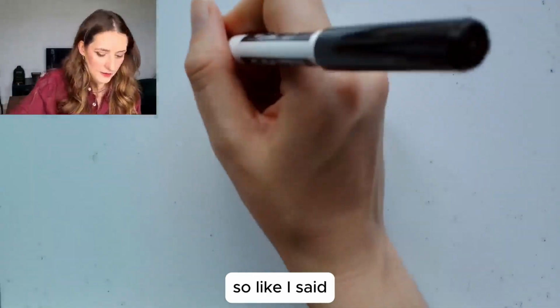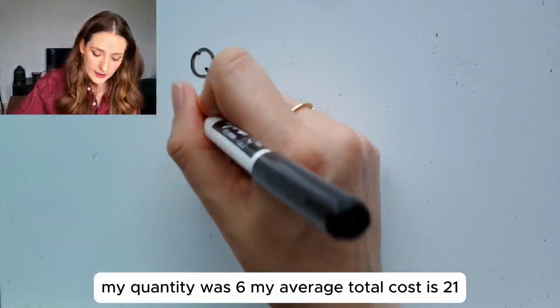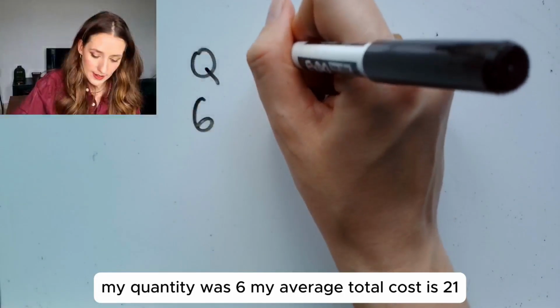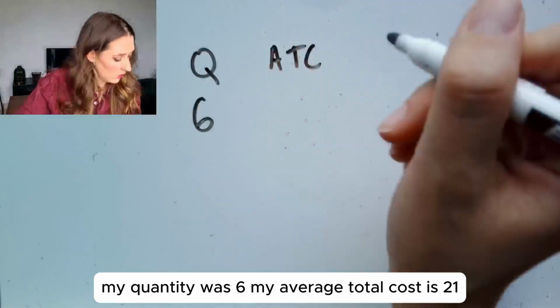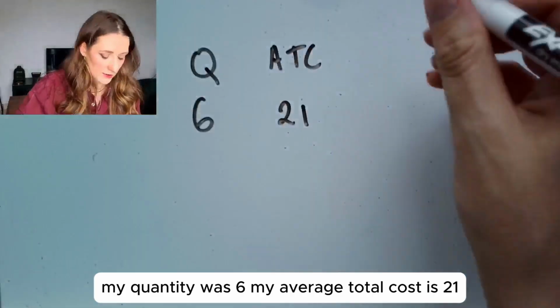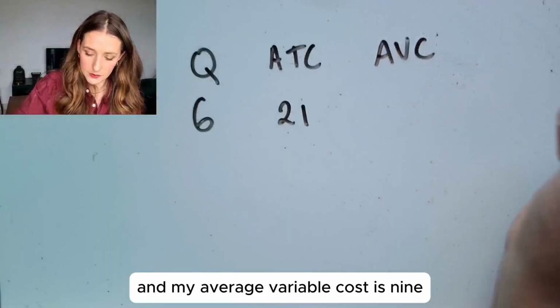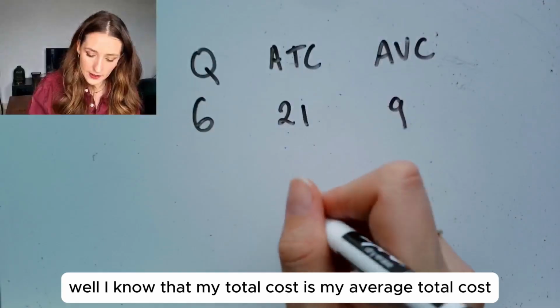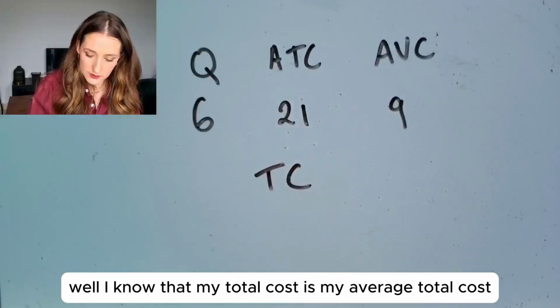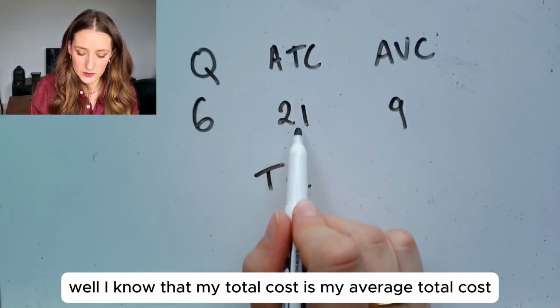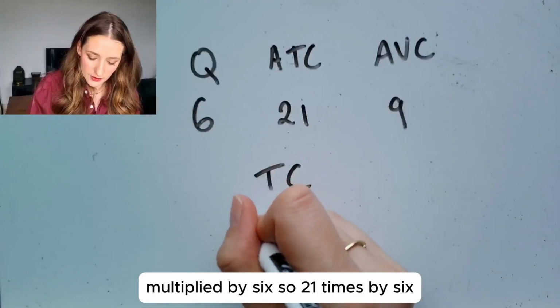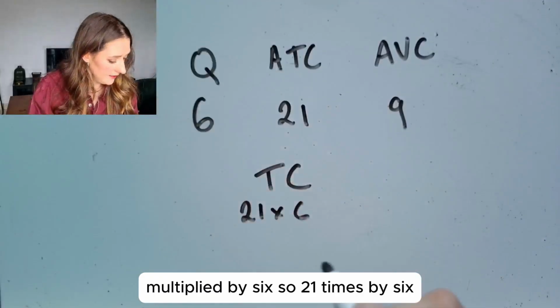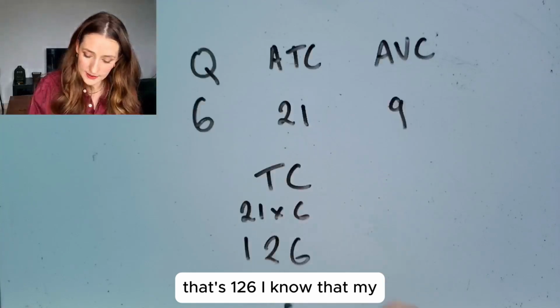So like I said, my quantity was 6, my average total cost is 21, and my average variable cost is 9. Well, I know that my total cost is my average total cost multiplied by 6. So 21 times 6, that's 126.